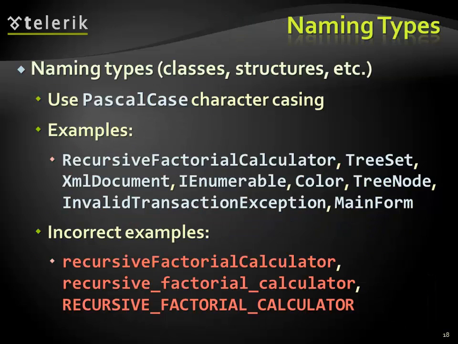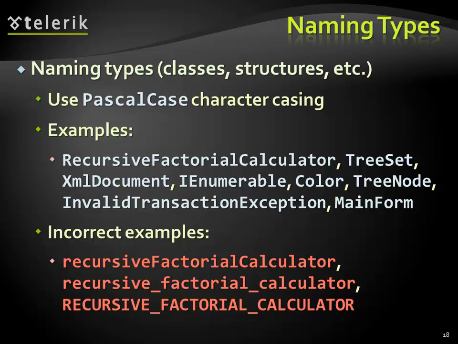So when we're naming types like classes and structures, what are the best practices for naming them? First of all, we have to use Pascal case, which we discussed earlier. This is the one starting with uppercase, and each word being concatenated starts also with uppercase. Good examples are recursive factorial calculator, tree set, XML document, IEnumerable, color, tree node, invalid transaction exception, main form.